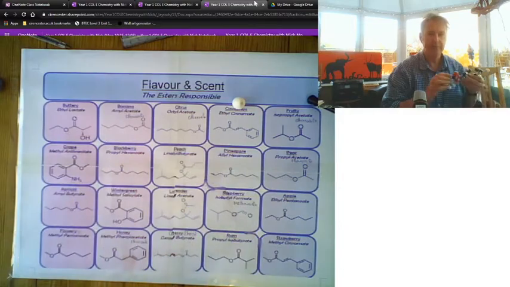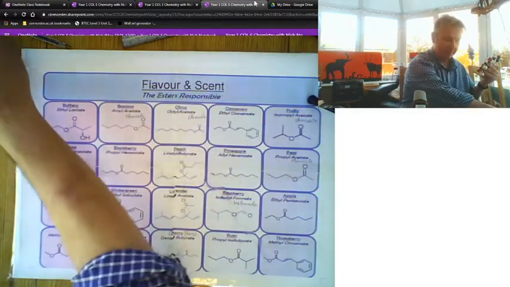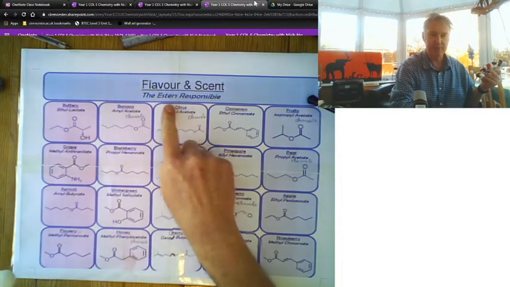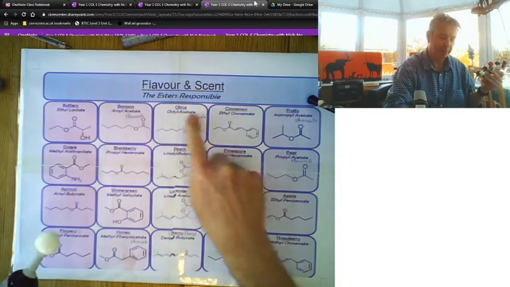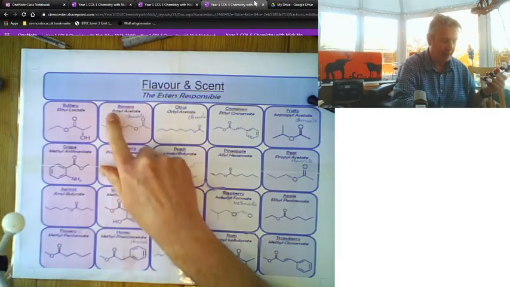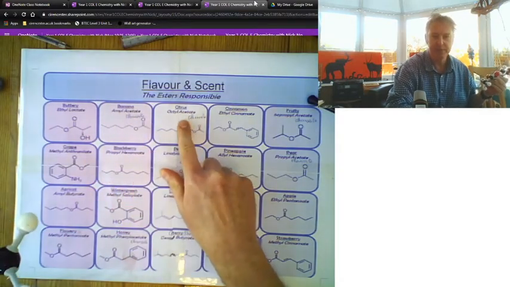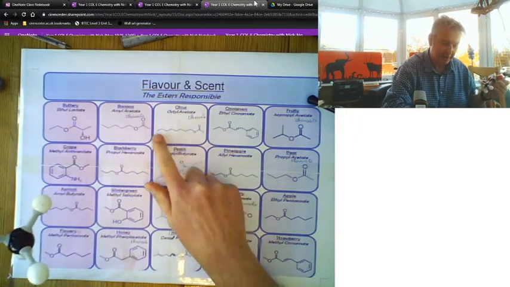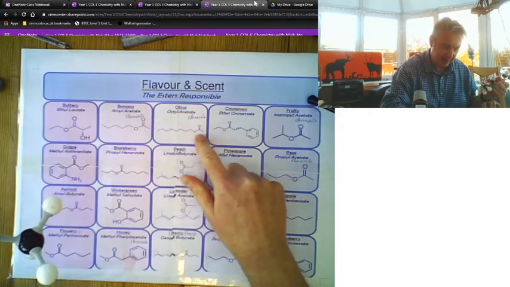Okay, and below you can see there is a mat I put on this table which says flavour and scent, because this is all about esters, and esters are responsible for lots of different scents. For instance, banana is amyl ethanoate. Some of these have got some of the old names. I've written ethanoate where it should be. So octyl ethanoate has a chain of 8, and then it's got ethanoic acid.